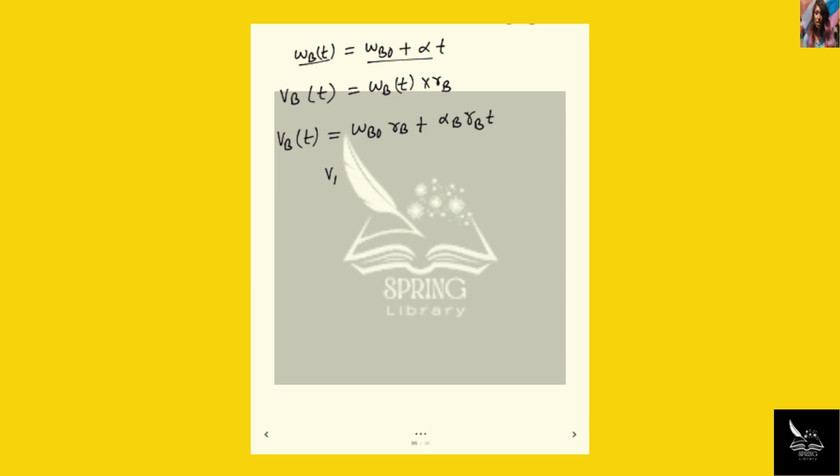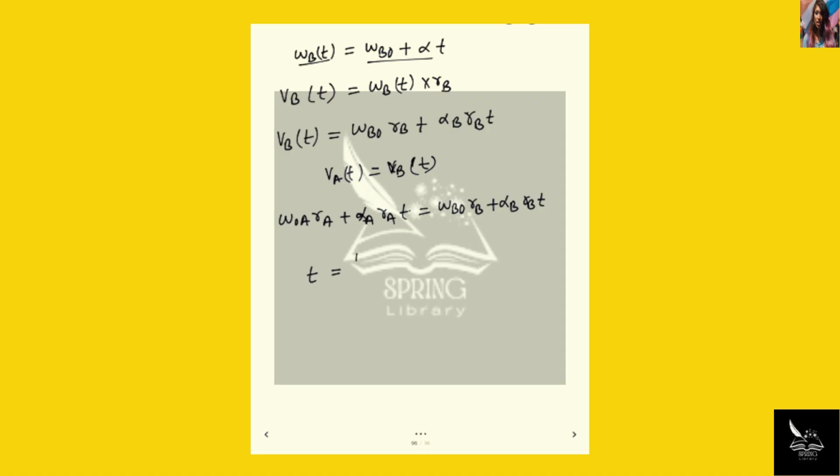Okay, so now taking VA t equals VB t, and substituting both the equations, we will get omega A naught RA plus alpha A RA multiplied by t, which will be equal to omega B naught RB plus alpha B RB multiplied by time t.